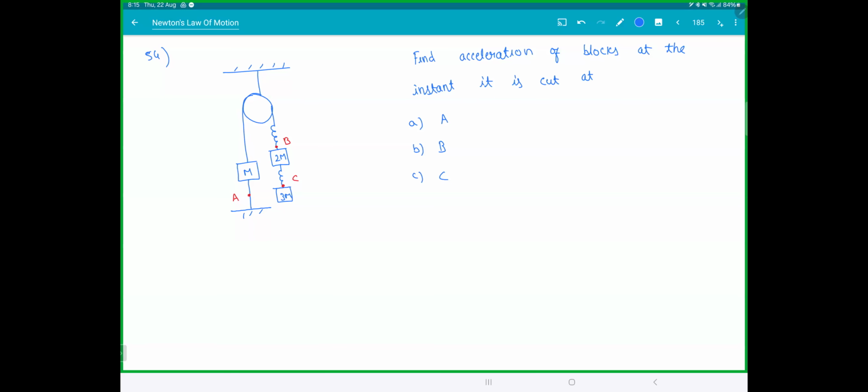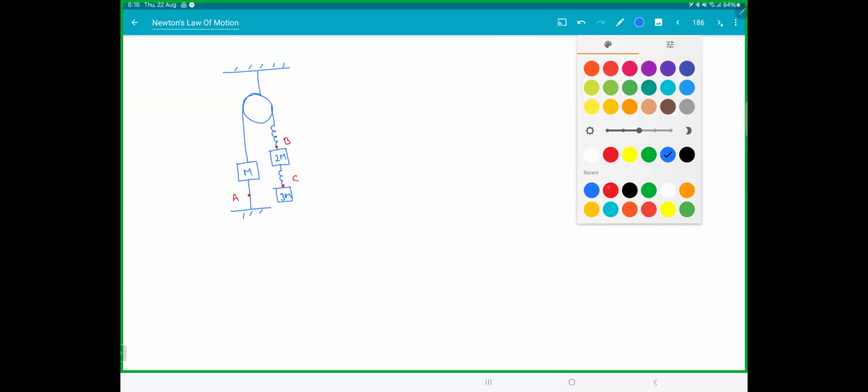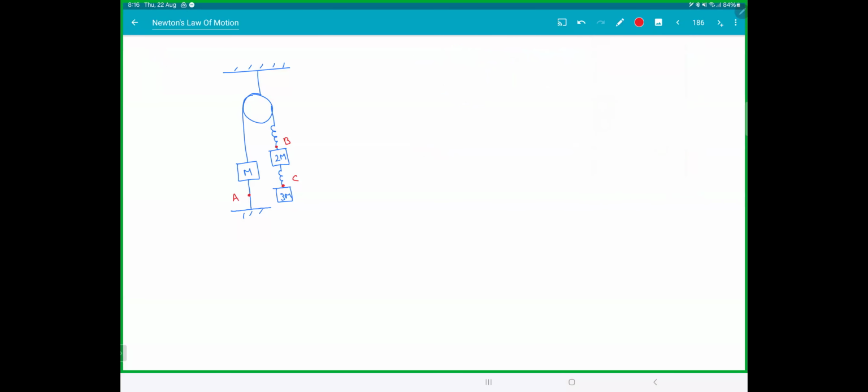Step 1, find the tensions. So look at this thing here. Tension Tc would be 3mg. Tension Tb would be 5mg. Agreed? I need to find only the springs. The strings are anyway useless.